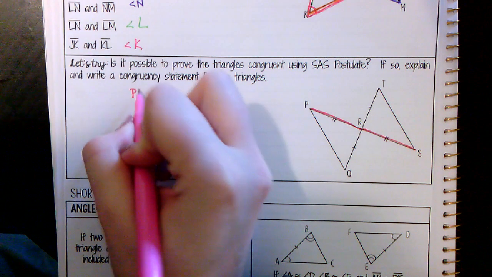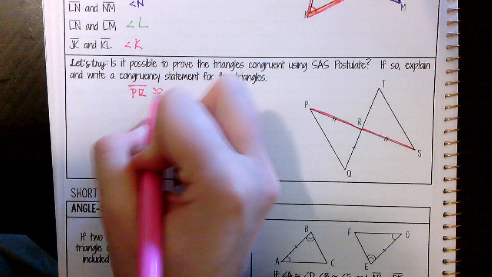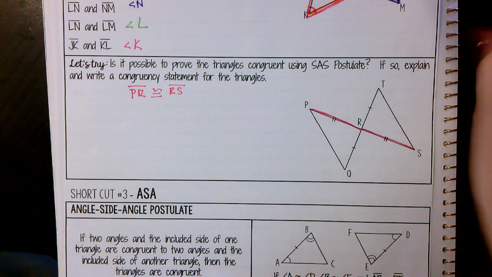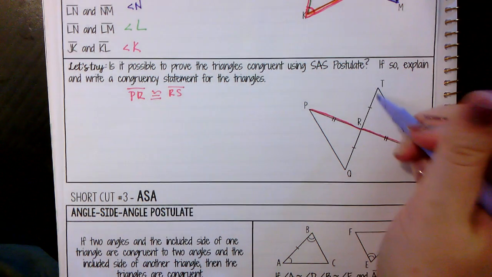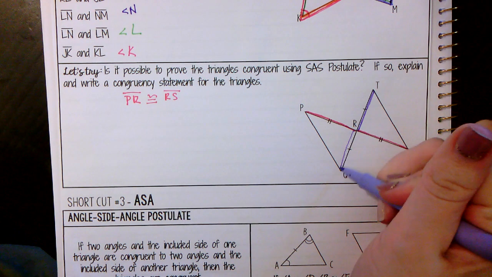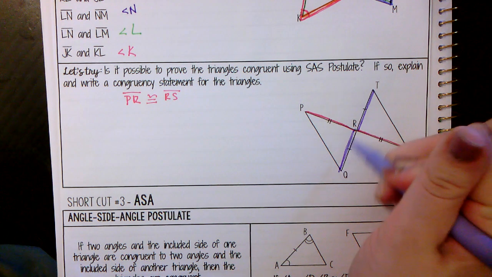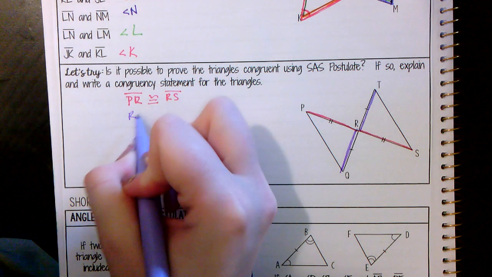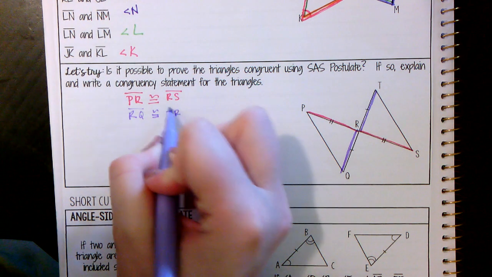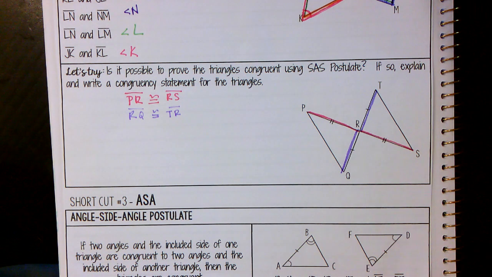So I can say PR is congruent to RS. I also know that TR and RQ are congruent. So RQ and TR. So right now we have 2 sides that are congruent.